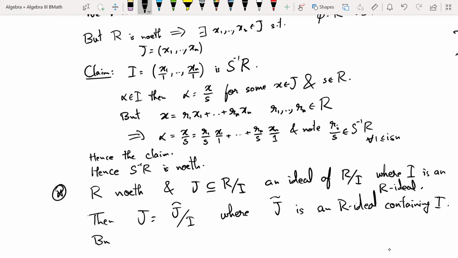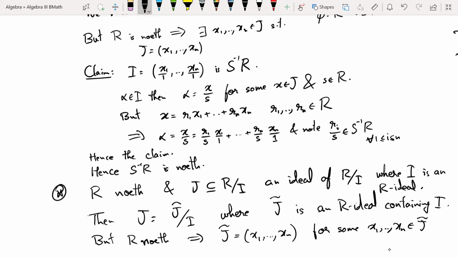But R Noetherian implies J tilde is finitely generated. J tilde is generated by say x1 to xn for some xi's in J tilde.